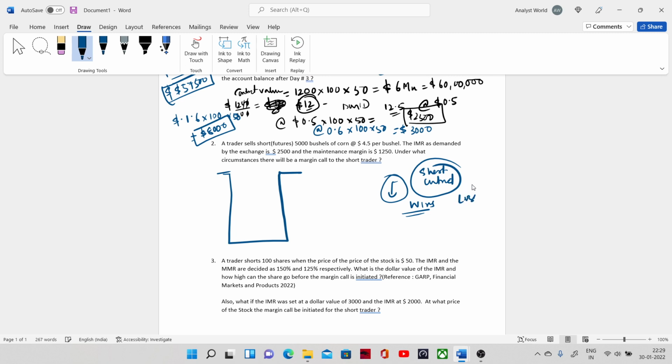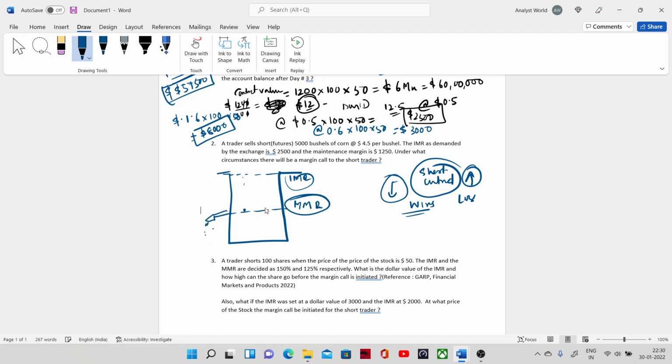And if the price goes up and the margin posted by the short is insufficient, there is going to be a margin call in the same fashion as the previous problem, wherein we already have an initial margin and then at a safety level, there is a maintenance margin. So this is the maintenance margin level. So the moment the water body reaches here, as we know, there is going to be a call.